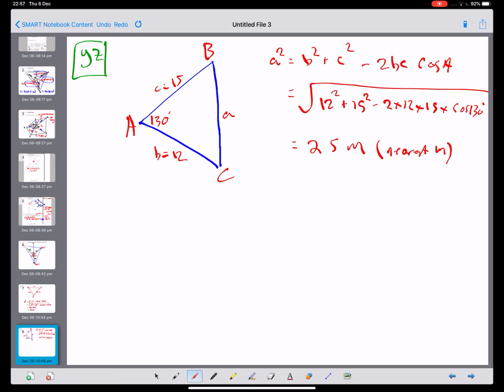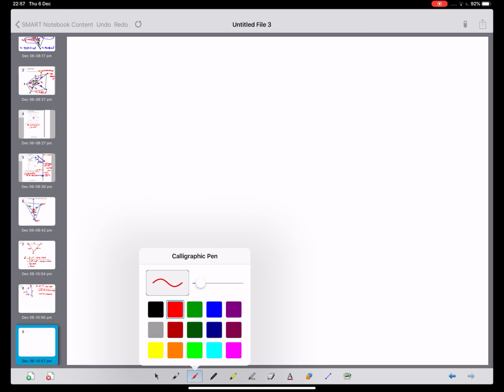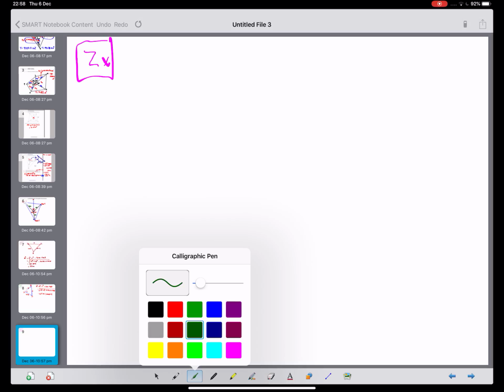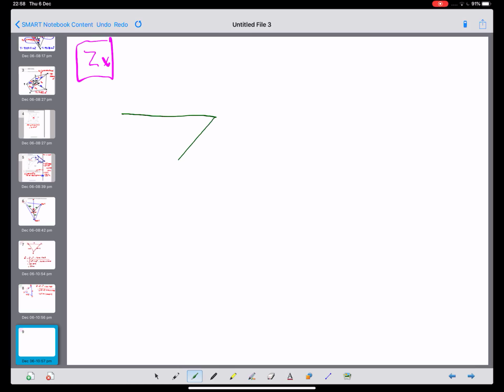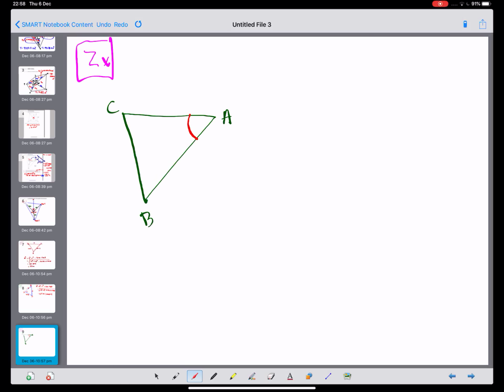Okay, finally, we have ZX. Let's do this in a different color. Okay, so ZX. Okay, so let's draw this triangle in then. It's a different color. Okay, so we've got A, we've got B, and we've got C. Okay, this is 130 as well. We've got B is equal to 20 meters.